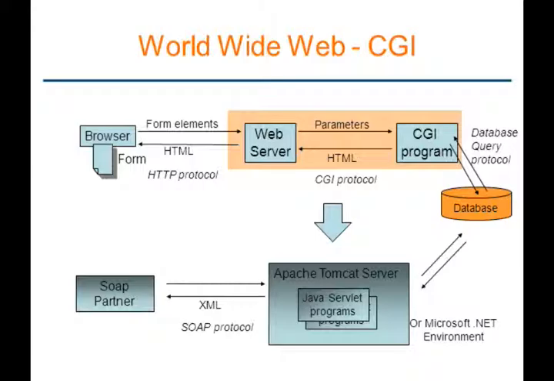A typical environment in the open source world would be Apache with Tomcat server, which within itself allows programs to be written. You could think of them as CGI programs written in Java, and in the language of Tomcat server, they are called servlets.